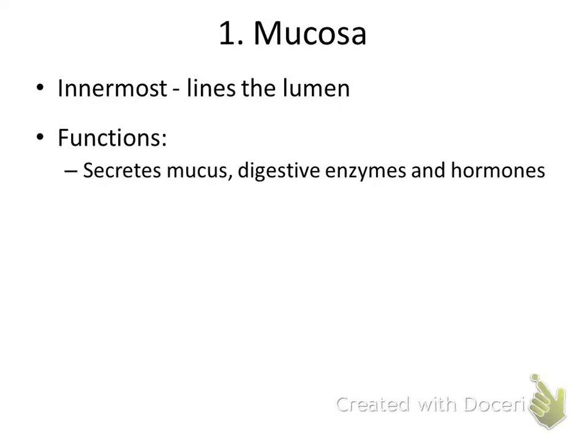Okay, so when we think about what these different layers do, the mucosa is going to be a point for secreting a lot of things into the GI tract. One of the important things that we're going to talk about next week is mucus, which is going to have different functions. One of those functions is going to be acting as a lubricant. This is also where some of our enzymes come from, like if we think about those brush border enzymes in the small intestine, that was the epithelium of the small intestine secreting those things.